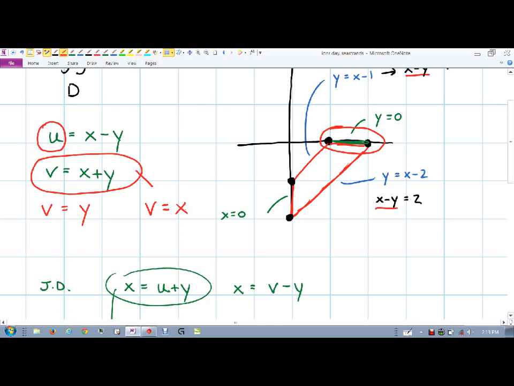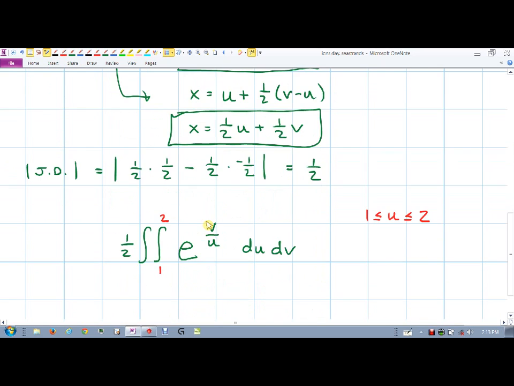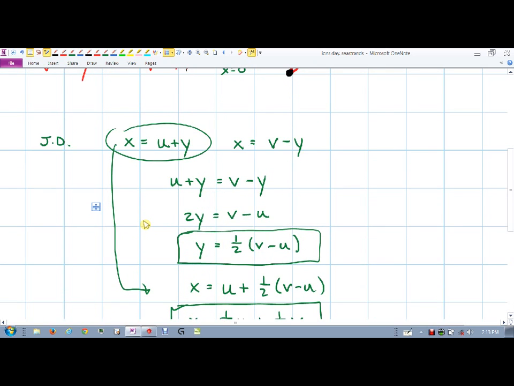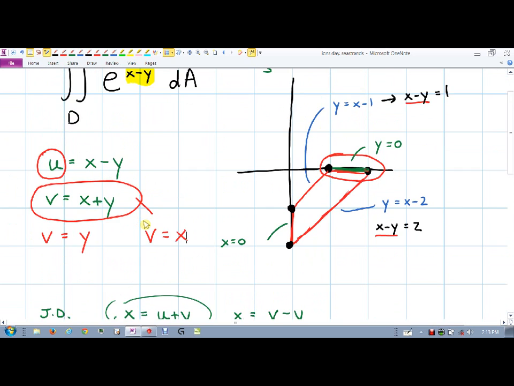We can only have one limit of integration, right? What about, no.